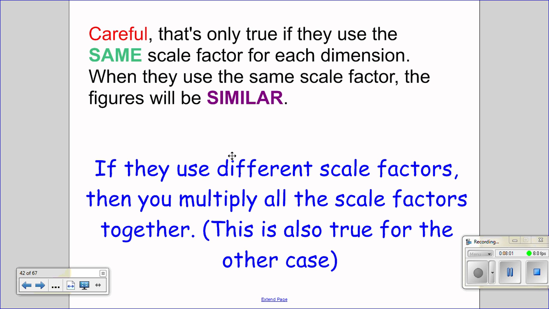So if the scale factor for every dimension is the same, we say the figures are similar, meaning they're proportional. However, it's not similar if one dimension has one change and the other dimension has something different. So let's practice this.